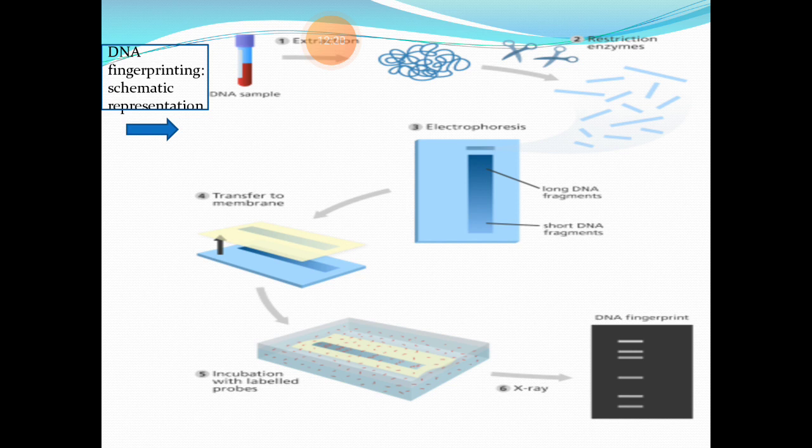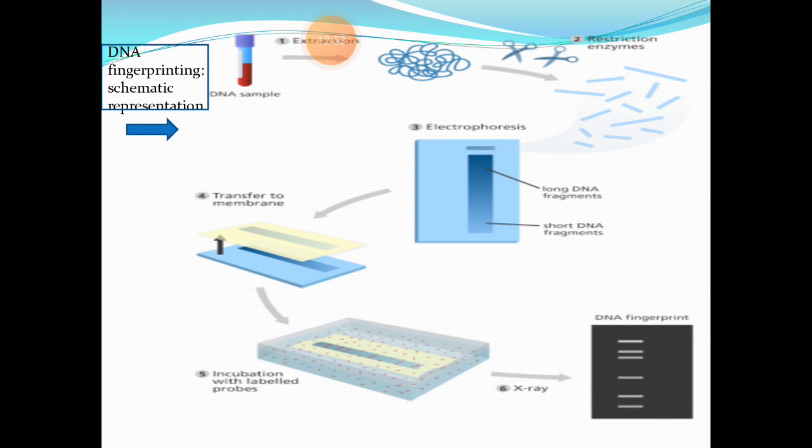Now, you have to separate them, for which you should subject them to electrophoresis, in this case AGE, agarose gel electrophoresis. See here, the molecules of DNA separate out based on their molecular weight. Namely, long DNA fragments with higher molecular weights move up, whereas short DNA fragments with lesser molecular weights remain at the base.